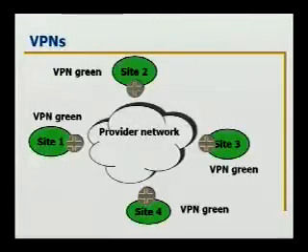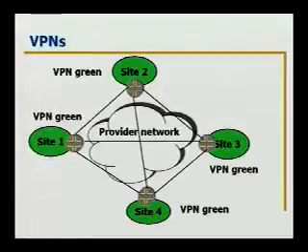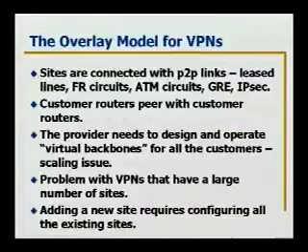So what does it look like? The picture looks like this. We have a few different sites, and they're not interconnected between them. What we want to do is achieve connectivity between them across the provider's networks. The first models of VPNs were the overlay models, where we would actually do physically what I just showed conceptually in the picture before. So we would connect all these sites with point-to-point links, frame relay circuits, ATM circuits, whatever.